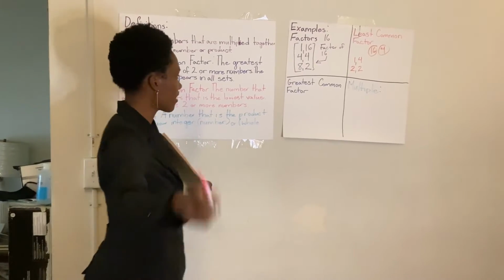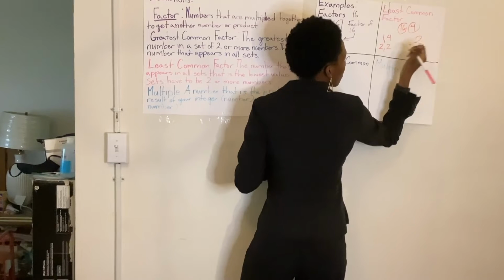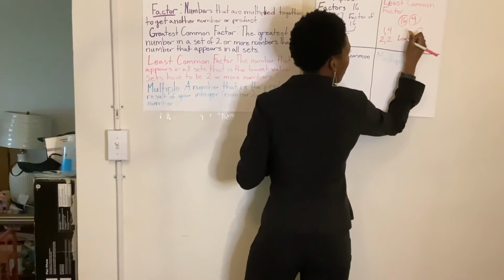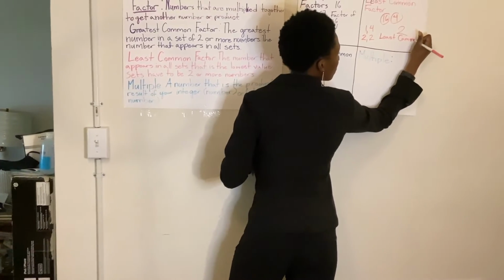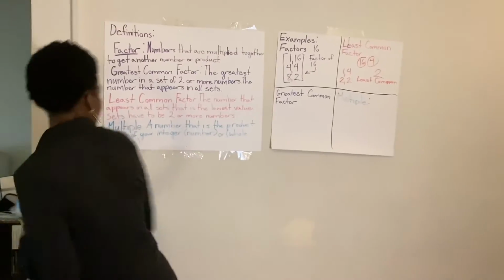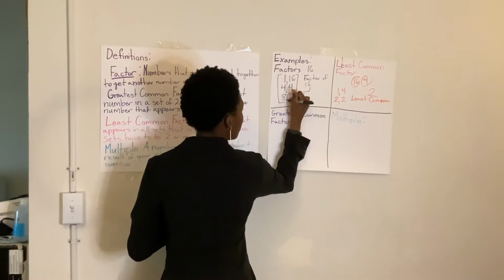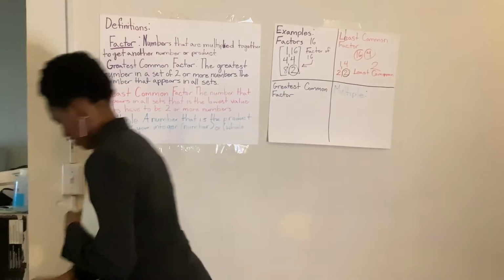I see the back. It's 2, right? 2. So our least common denominator, and I will go ahead and circle this so you guys can see. 2 and 2.